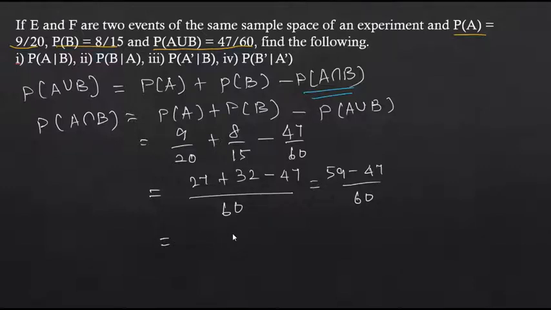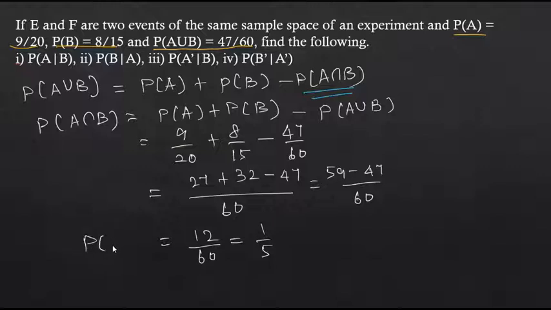That is 59 minus 47, which is 12 by 60. So the probability of A intersection B is 1 by 5.